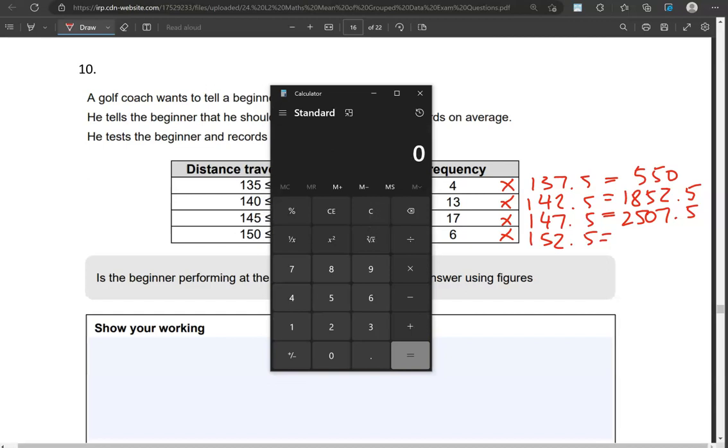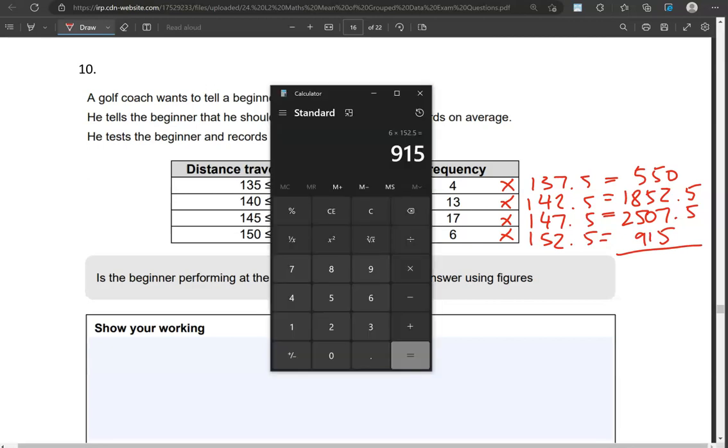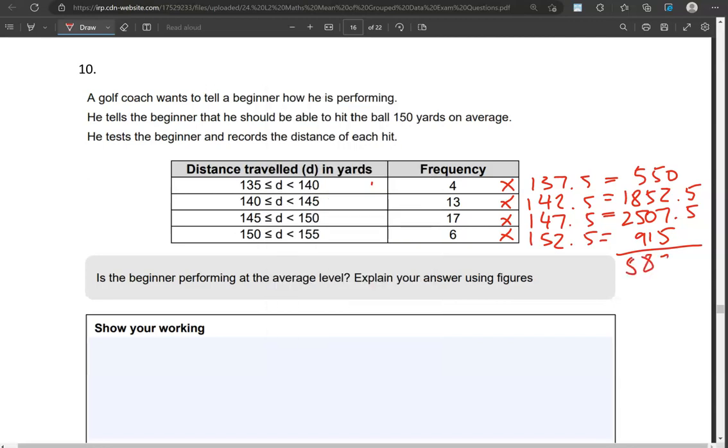and 6 times 152.5 gives us 915. So adding all of these together, 550 add 1,852.5 add 2,507.5 add 915 gives us 5,825, which we're going to divide by the total for frequency.